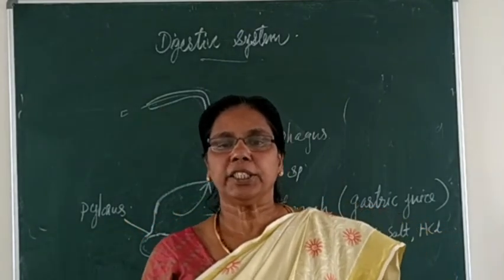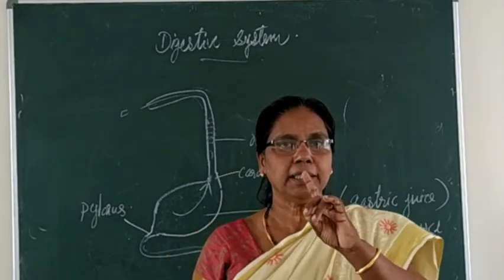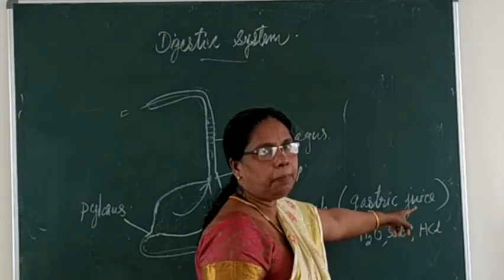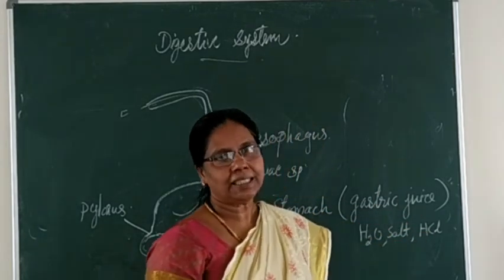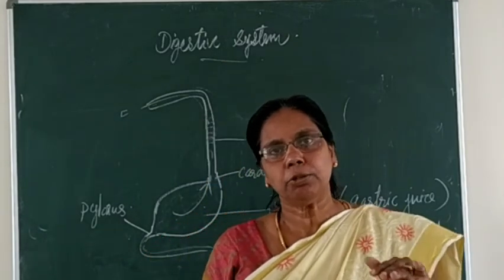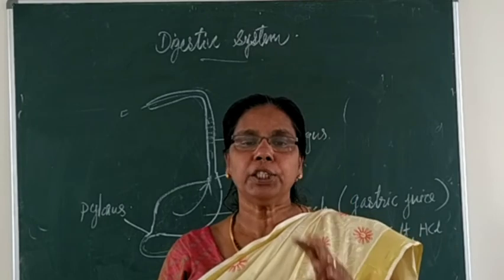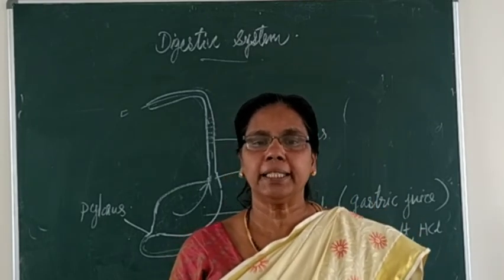So what's its function? The acid serves two functions. Which acid is present? Yes, it is hydrochloric acid. Due to the presence of hydrochloric acid only, gastric juice is acidic in nature, so its pH value is below 7. So you can see that there are two functions for this hydrochloric acid.